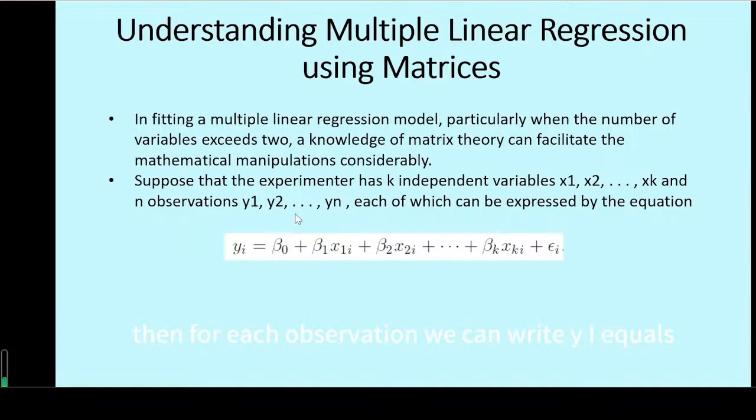Then for each observation, we can write y i equals the sum of parameter beta times each independent variable, plus the random term epsilon i.